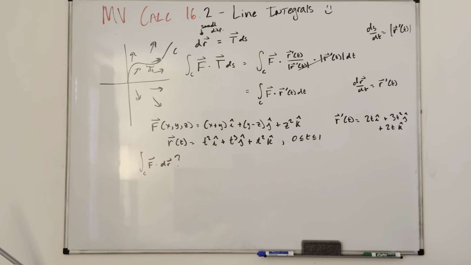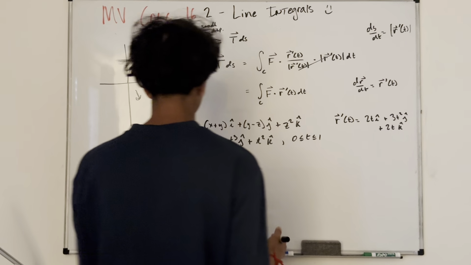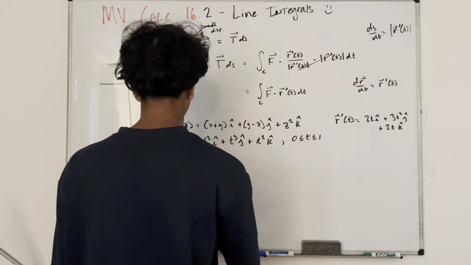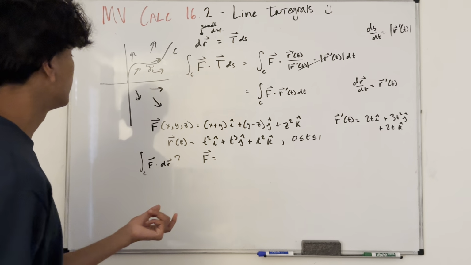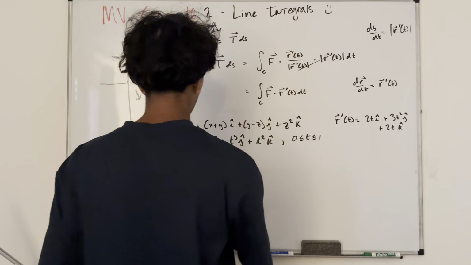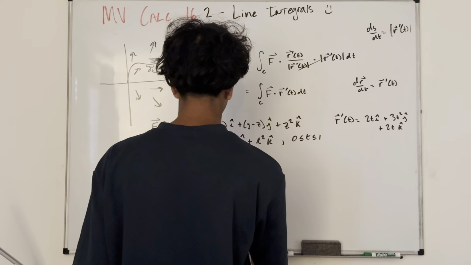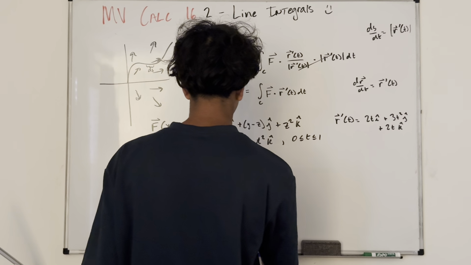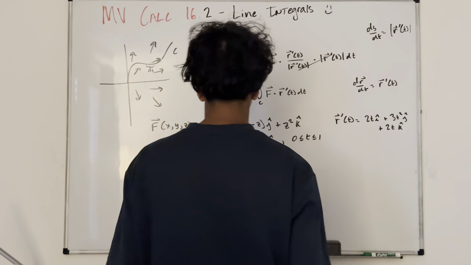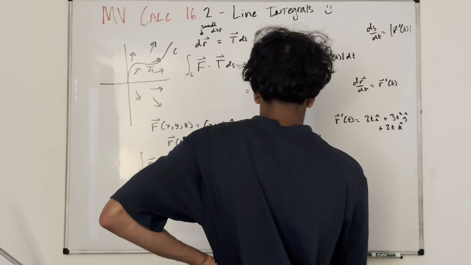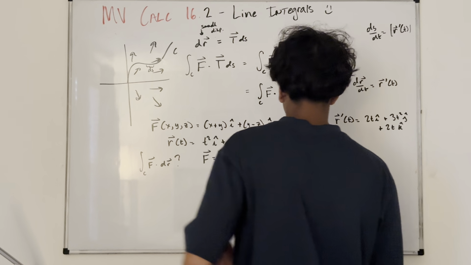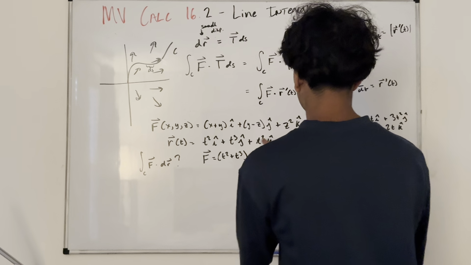And now what we can do really quickly is just sub in all the values here. If we want to make f in terms of t, it's just going to be t squared plus t cubed i hat plus t cubed minus t squared j hat, and then plus t to the fourth k hat, because t squared squared.